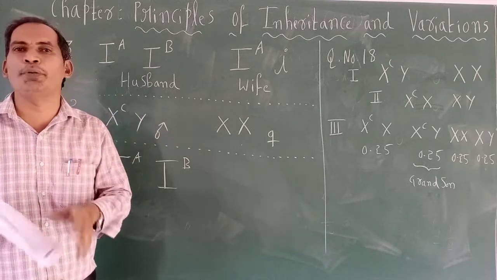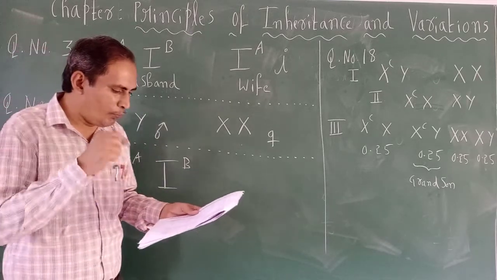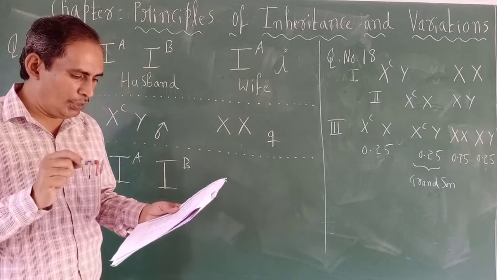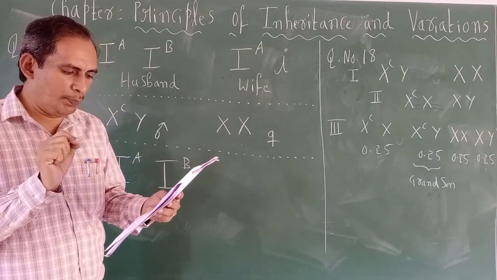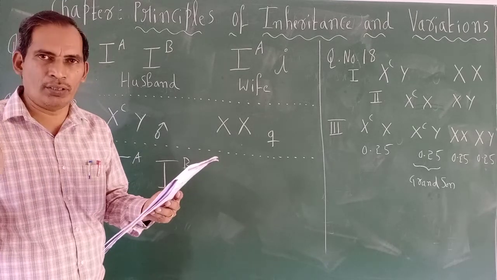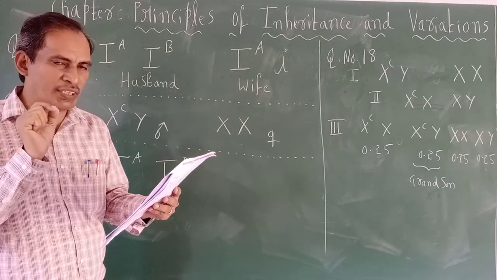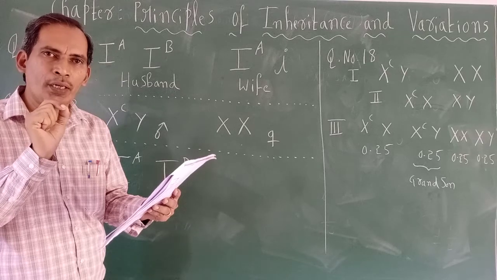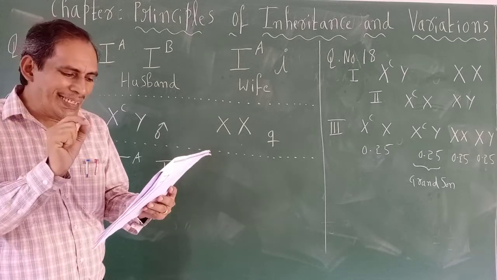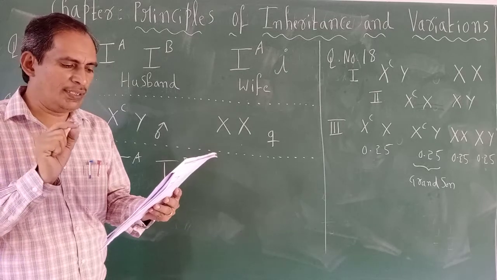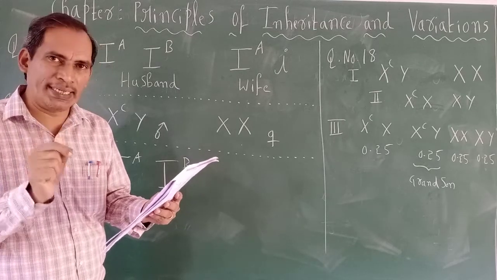For example, ABO blood group. So here, the answer for the 20th question is option D, controls multiple traits in an individual. A pleiotropic gene controls many characters in an individual, many traits in an individual. So the correct option is D, controls multiple traits in an individual.